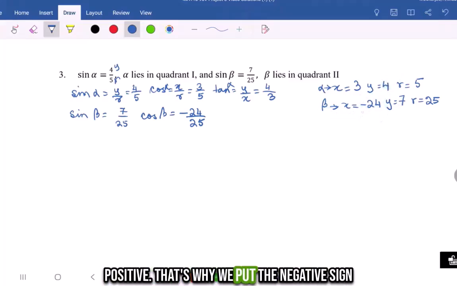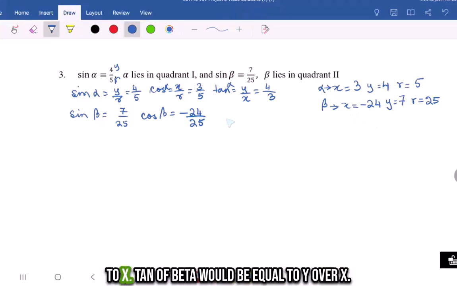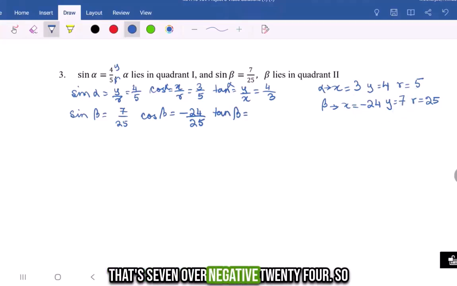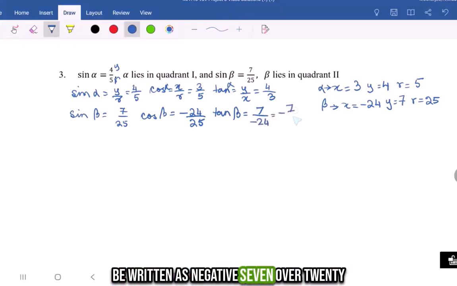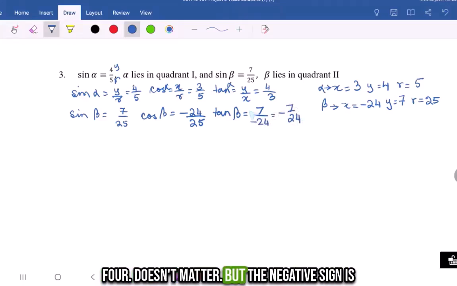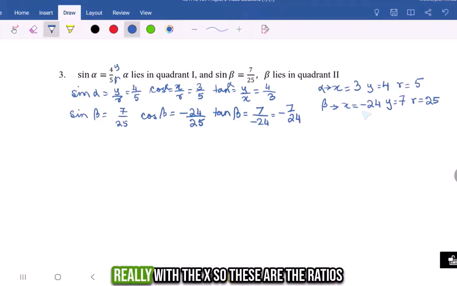That's why we put the negative sign to x. Tan of beta would be equal to y over x. That's 7 over negative 24, which can be written as negative 7 over 24. Doesn't matter. But the negative sign is really with the x. So these are the ratios.